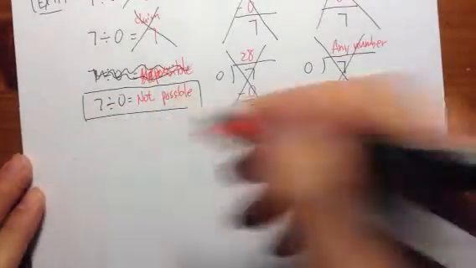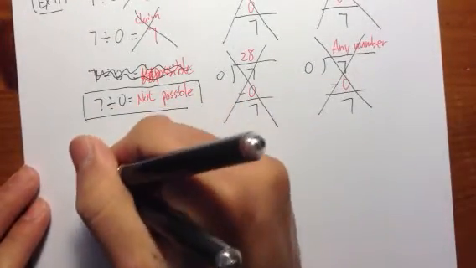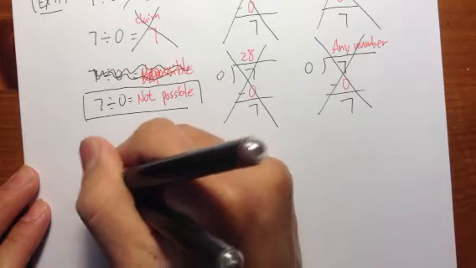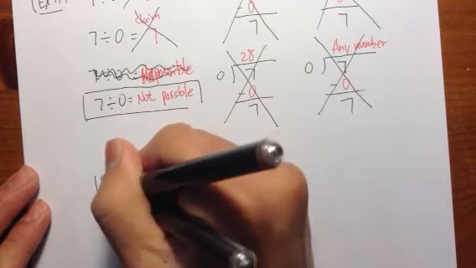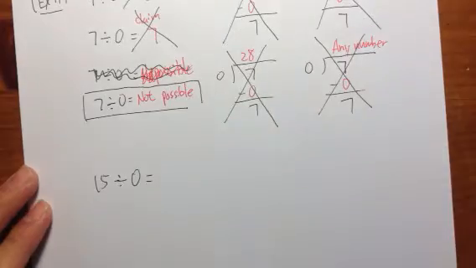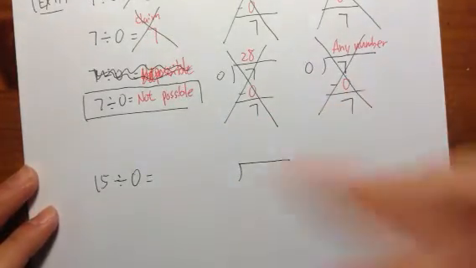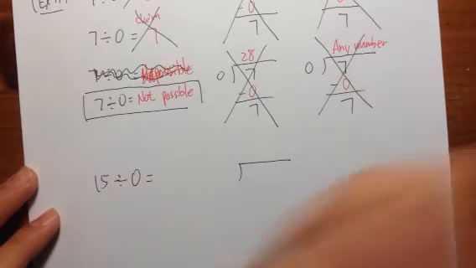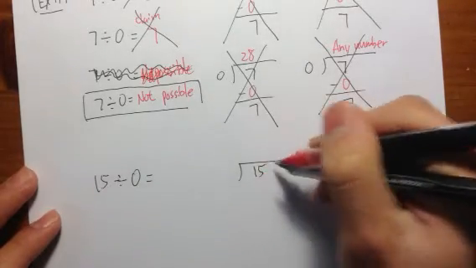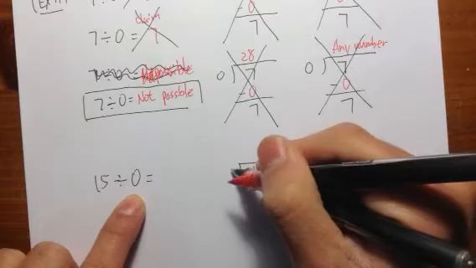Let's try 15. 15 divided by 0. Again, let's do the long division. The first number, 15, goes inside. 0 is the second number, goes outside.